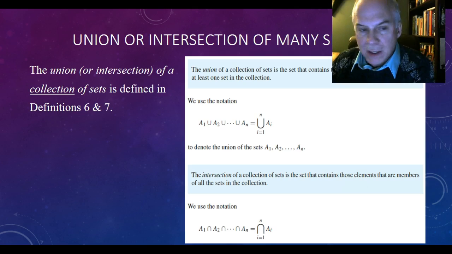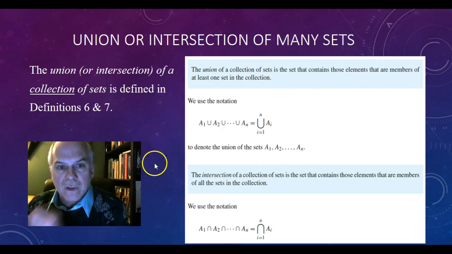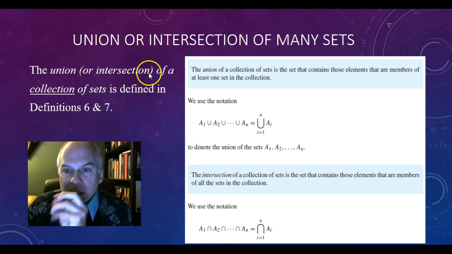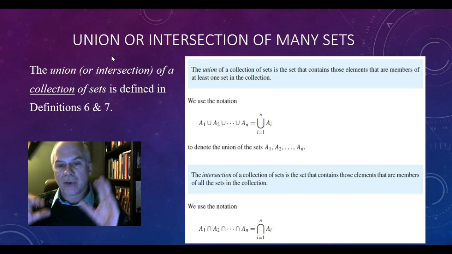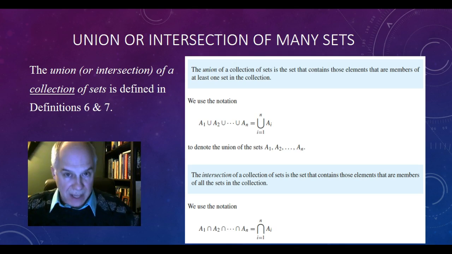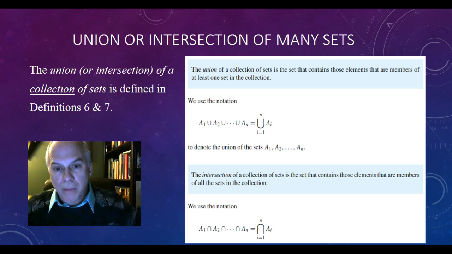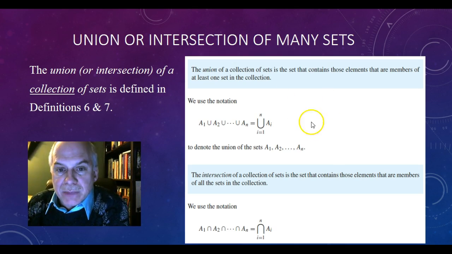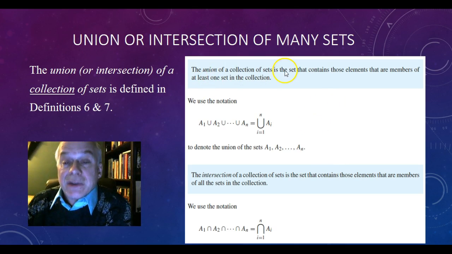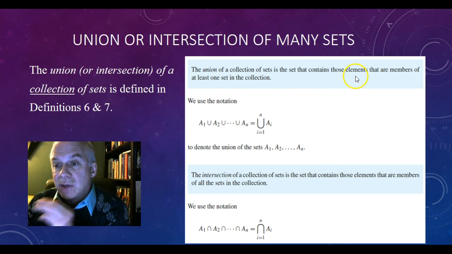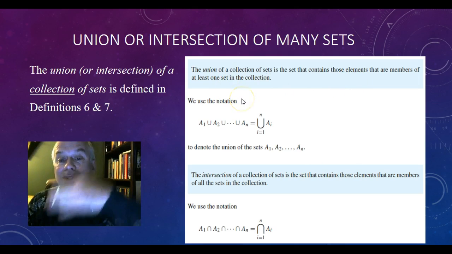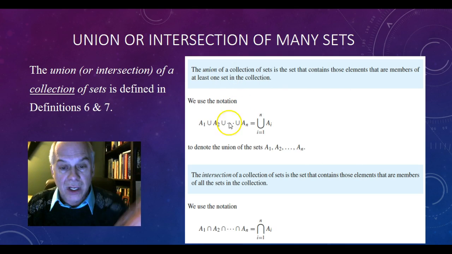All right, then one last thing. You might have the union or the intersection of many sets, not just two, but 3 or 4 or many. So what does this mean? Well, the union of a collection of sets is the set that contains those elements that are members of at least one set in the whole collection.